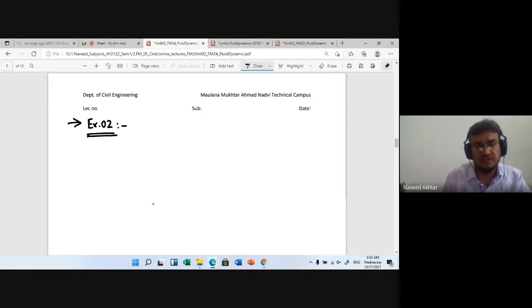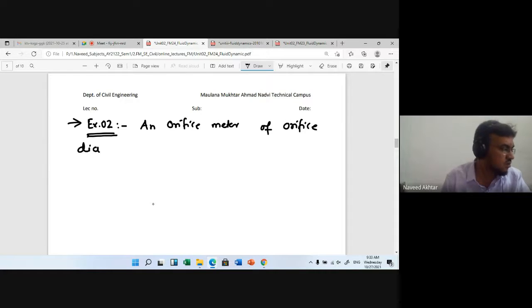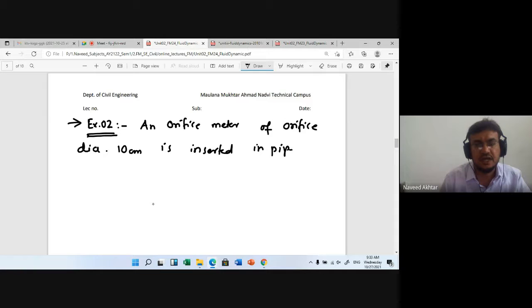Write down: an orifice meter of orifice diameter 10 centimeter is inserted in a pipe of 20 centimeter diameter.